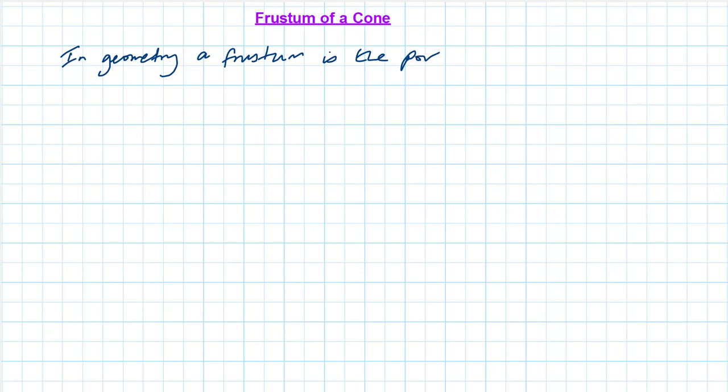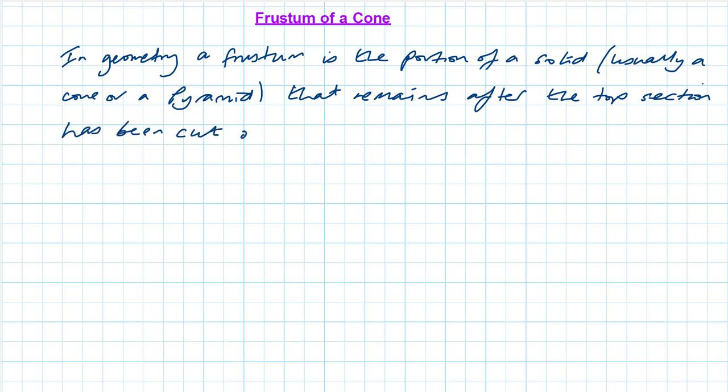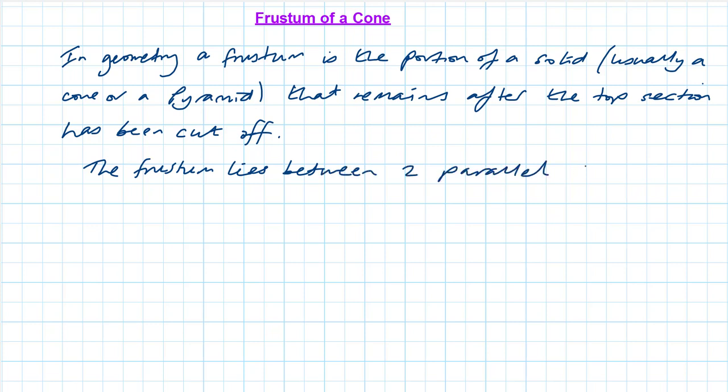In geometry, a frustum is a portion of a solid, usually a cone or a pyramid, that remains after the top section has been chopped off. The frustum itself lies between two parallel faces.